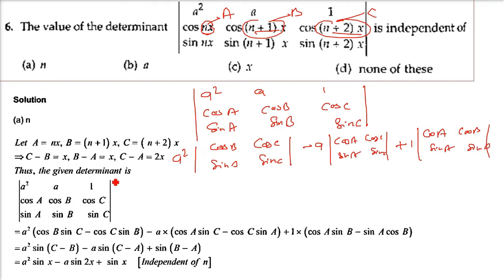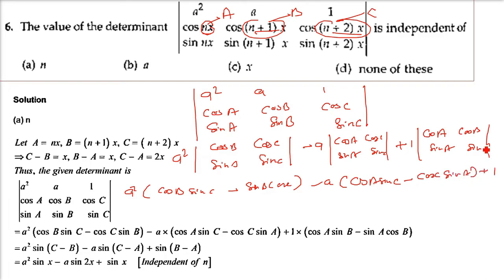Okay. Now this is A square (cos B sin C minus cos C sin B), minus A (cos A sin C minus cos C sin A), plus 1 into (cos A sin B minus sin A cos B).